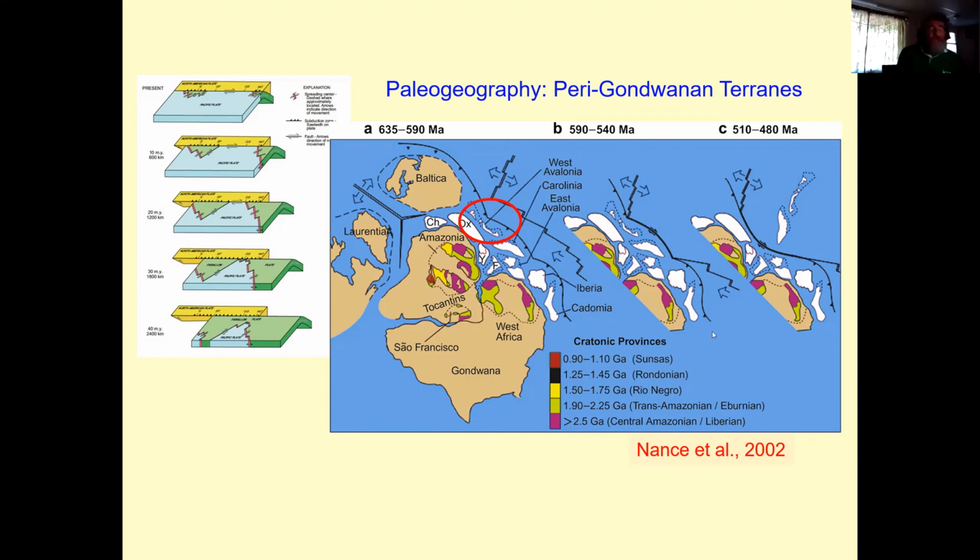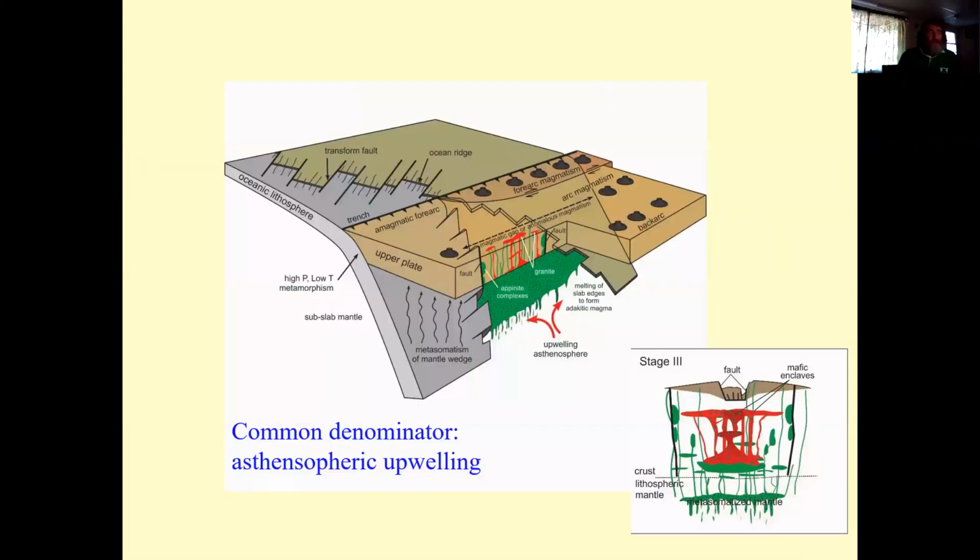If that has any merit, then the common denominator with the Scottish Caledonides would not be slab breakoff necessarily, because there was no collision to generate the breakoff. But behind these generating transforms is in fact a slab window, a hole in the slab, through which the asthenosphere upwells.